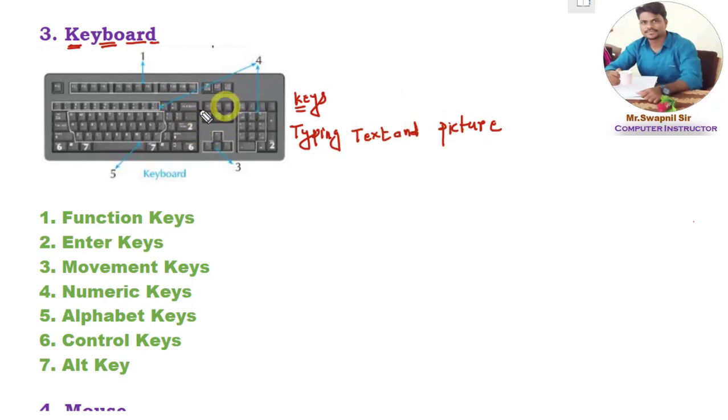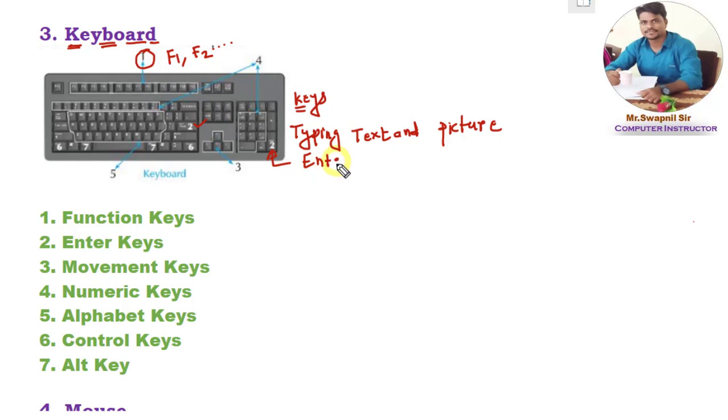So dear student, keyboard has many keys as I said. See, the top side keys are called function keys, like F1, F2 likewise. And this one is called enter key.